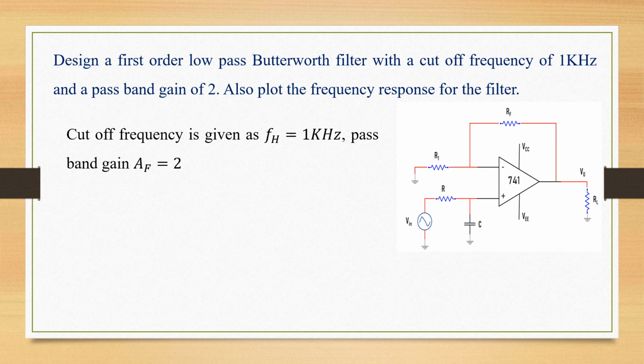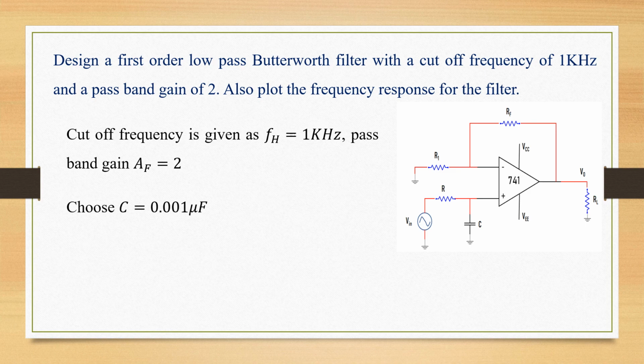After the cutoff frequency is known, we assume the value of one of the components. Here we will select the capacitance value. We had mentioned to choose the capacitance as 1 microfarad or less than that. So we will choose the capacitance as 0.001 microfarad. This was the second step.